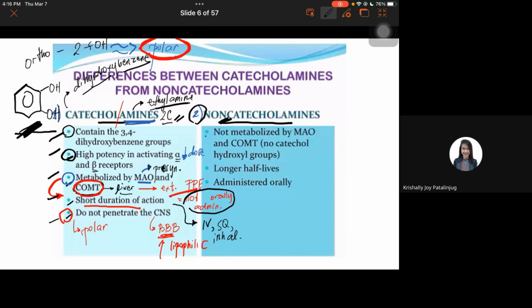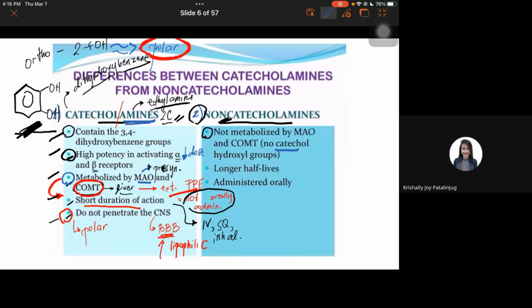Okay, so kaya nakasulat dito, sabi, yung characteristic ng non-catecholamines, they are not metabolized by MAO or COMT. Kasi wala naman silang catechol. Diba? So they are not good substrates ng MAO or COMT na enzyme.